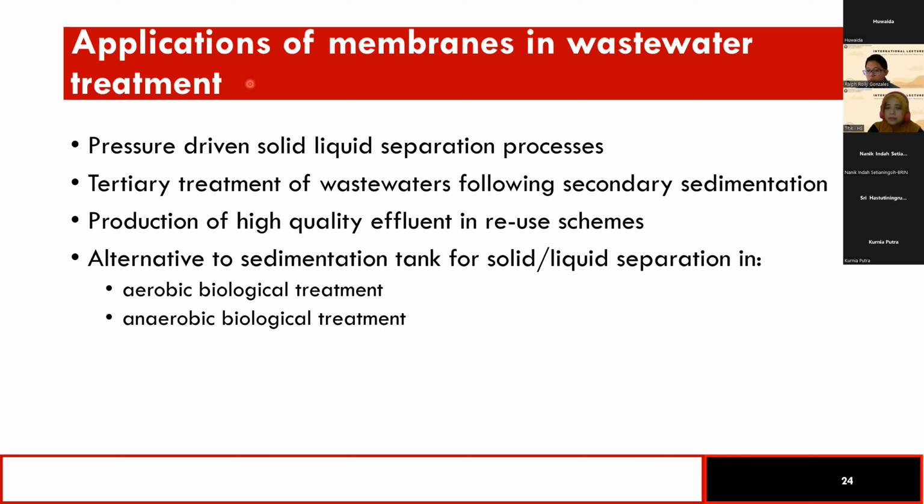So what membrane technology can do is apply filtration and produce high quality effluent which can be reused for agriculture or for different processes. Right now agriculture is the most widely used application for the use of wastewater.